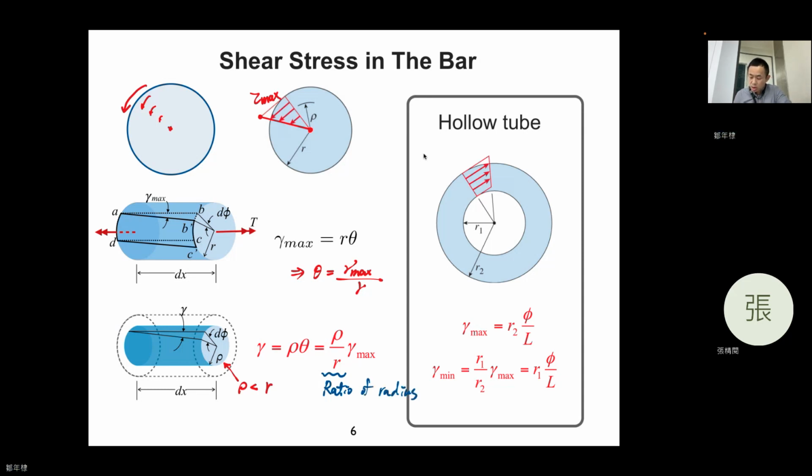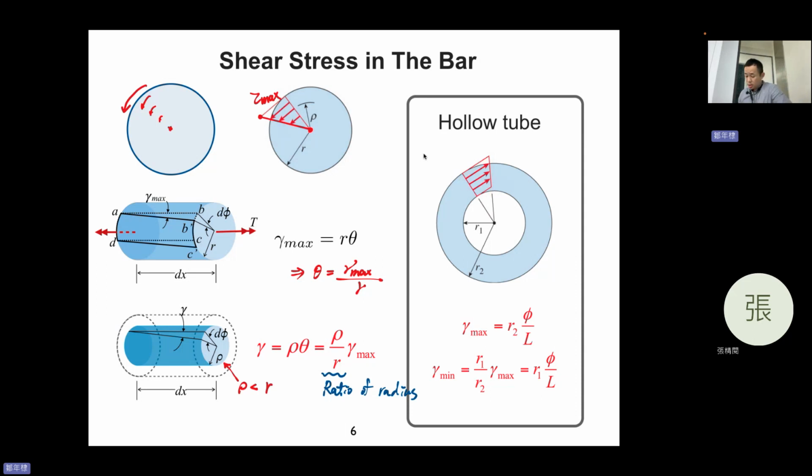Okay, so it's not that difficult. And for a hollow tube, you can imagine that this one is empty inside, and then you cannot have the shear force, but it's still the same. The ratio of the gamma max and gamma is still the same.